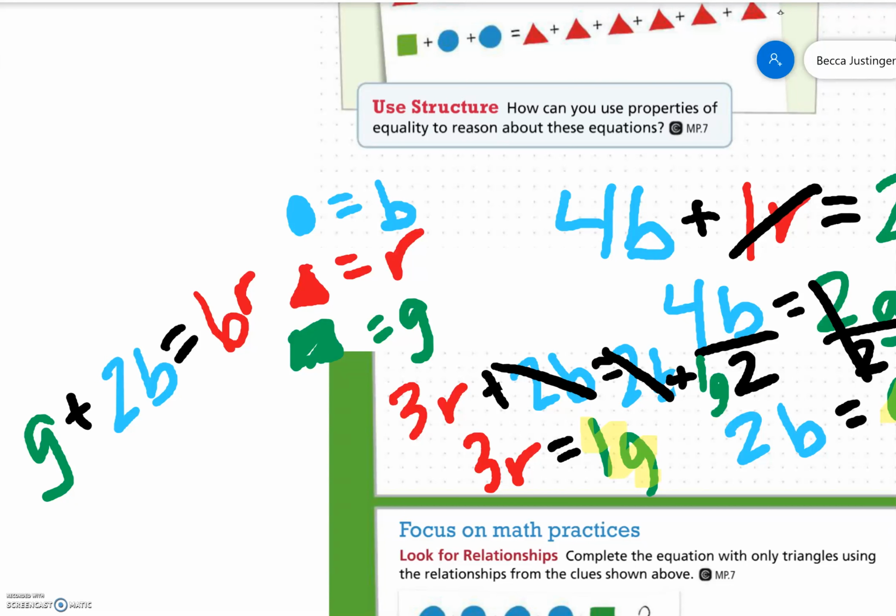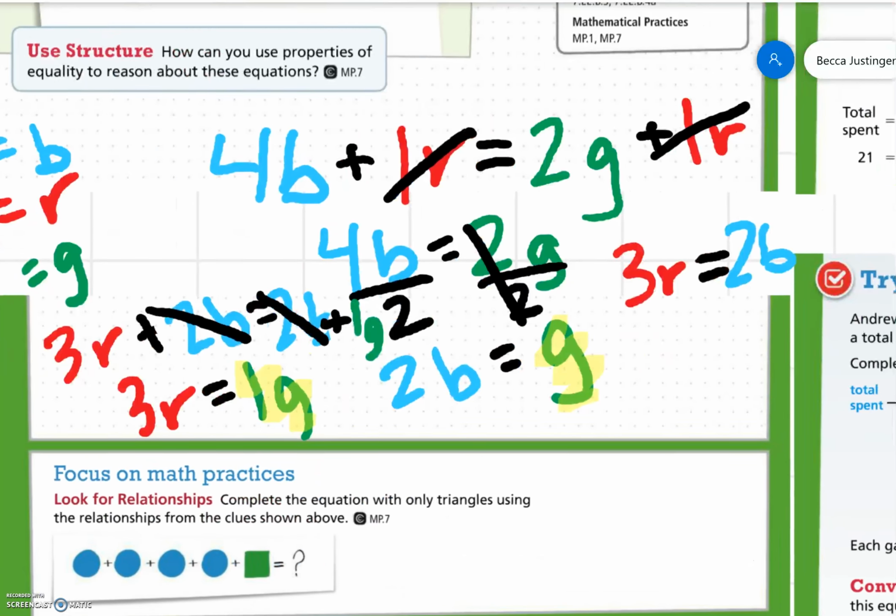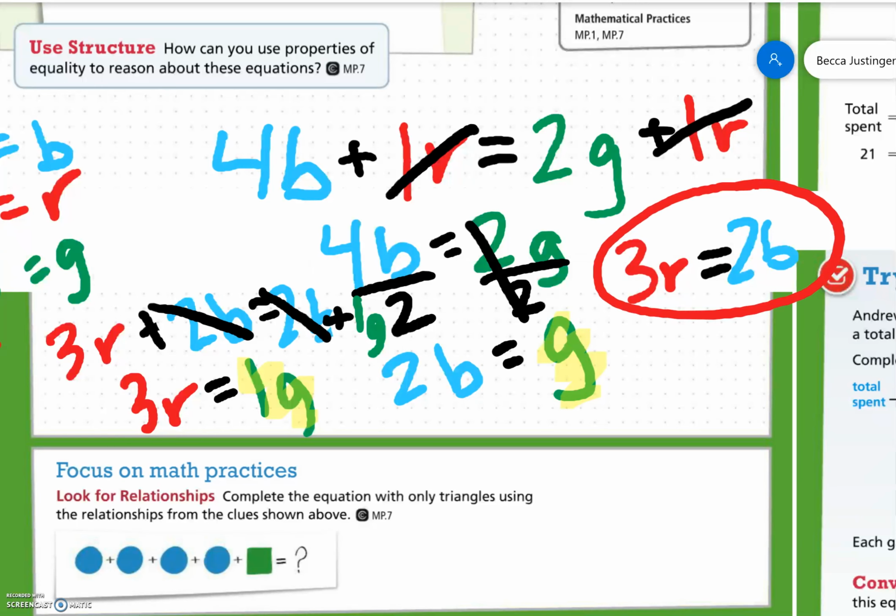Well, we already said that 1 green was equal to 2 blue. So instead of that 1 green, I can put 2 blue. And then 2 blue plus 2 blue equals 4 blue equals 6R. But if we remember, we said that 2 blue is equal to 3R.